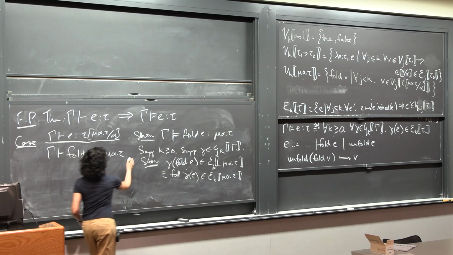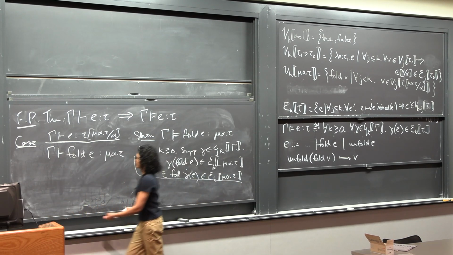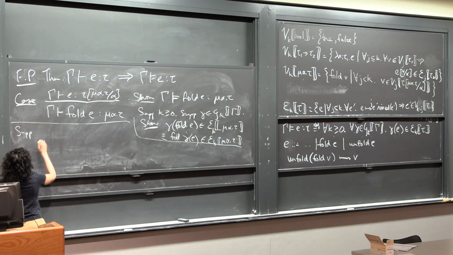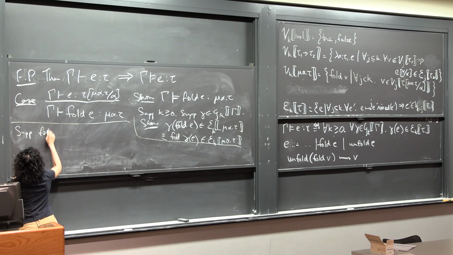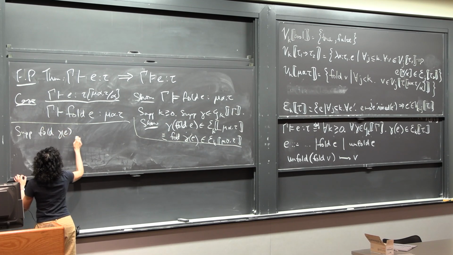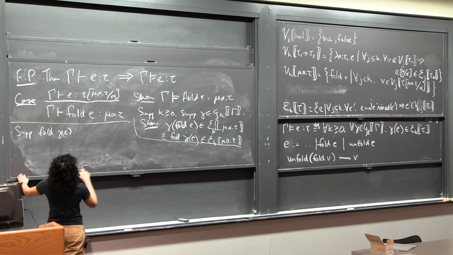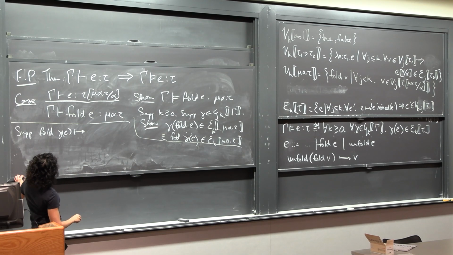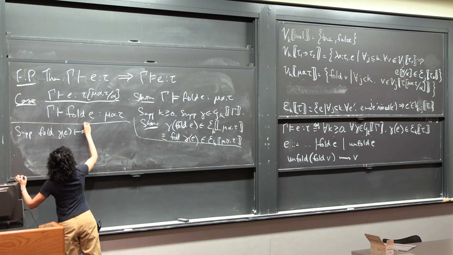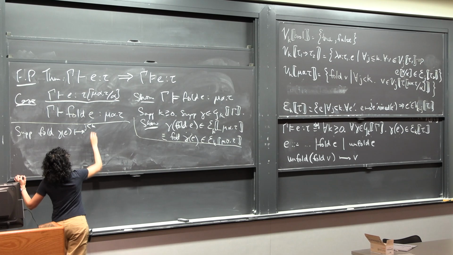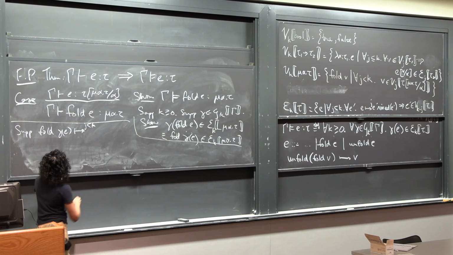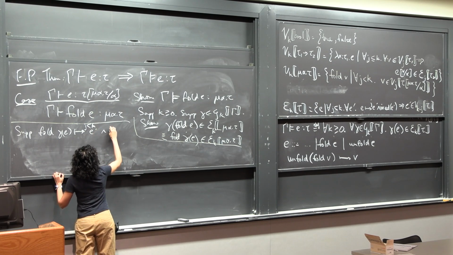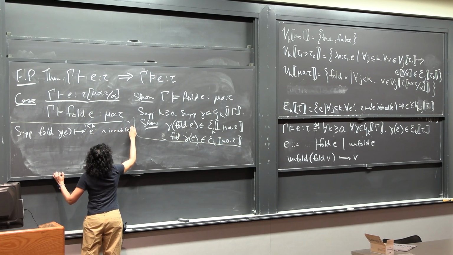Let's put a little line here. So now we get to say, suppose fold gamma E reduces in some j steps, I'll put the less than k here as a reminder to myself, to some E prime, and E prime is irreducible.